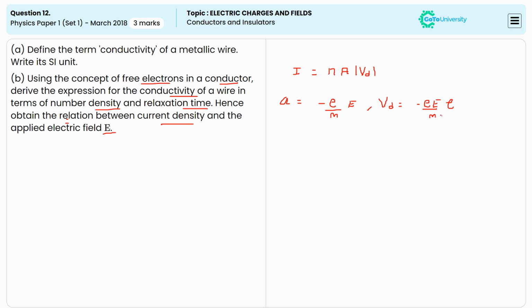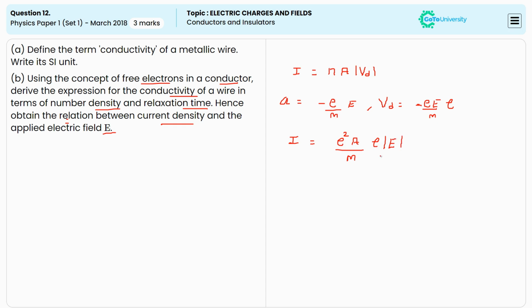Okay, when we substitute this, we will get I is equal to, the minus symbol is there, if you substitute, this becomes plus, e square, and I can write this in terms of A only. A with respect to m and tau, and the electric field E, under the mod.